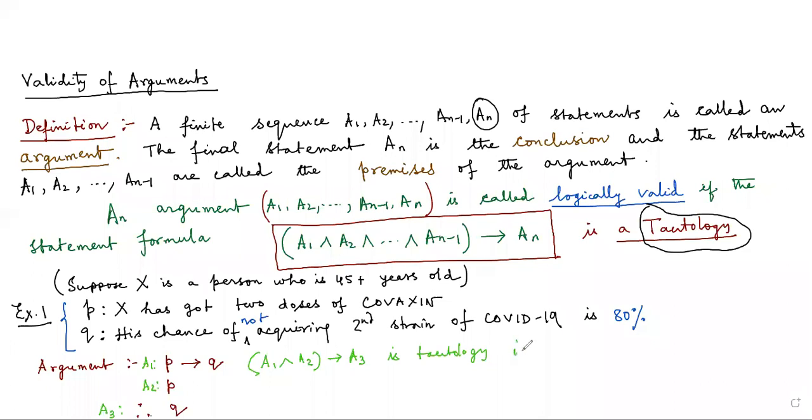That is, I need to prove that A1, which means P implies Q, and A2, which means P, together imply the statement Q. So I need to prove that this particular argument is a tautology. If I can show that it is a tautology, then I can conclude that this is a valid argument. So let us find out whether this argument is a tautology or not on the next page.